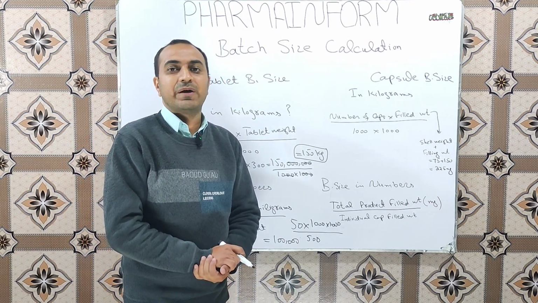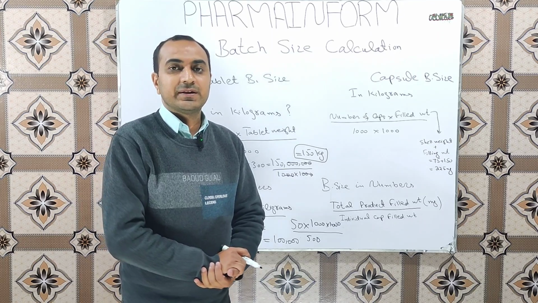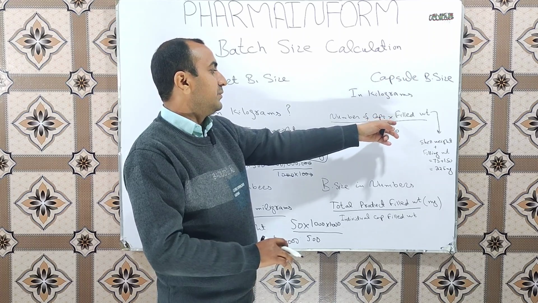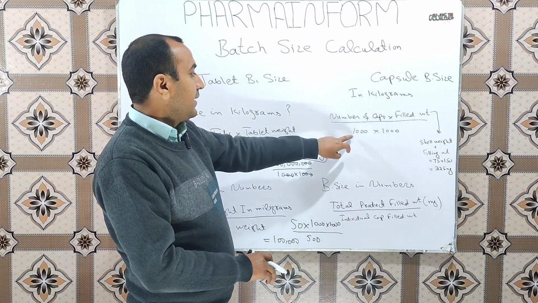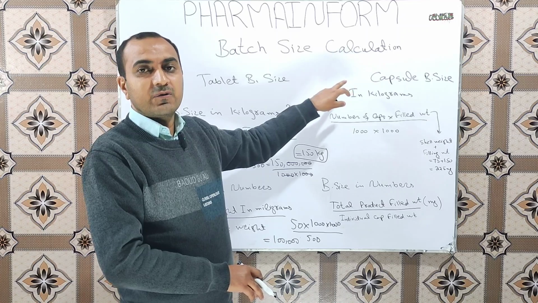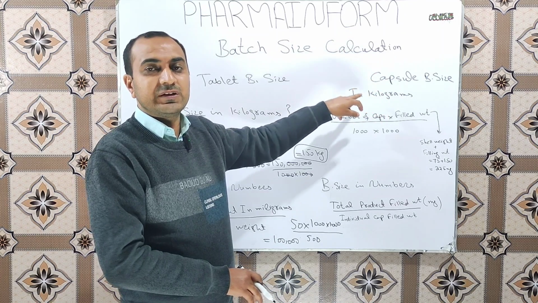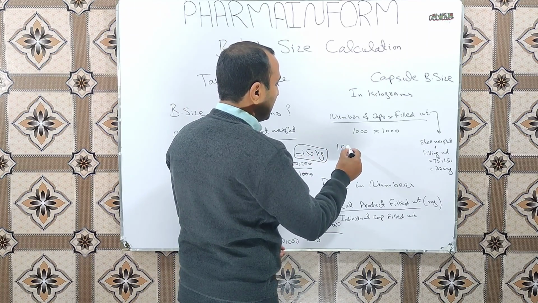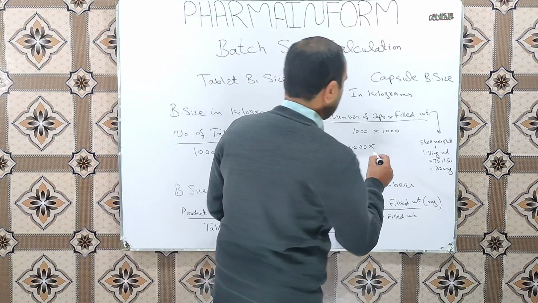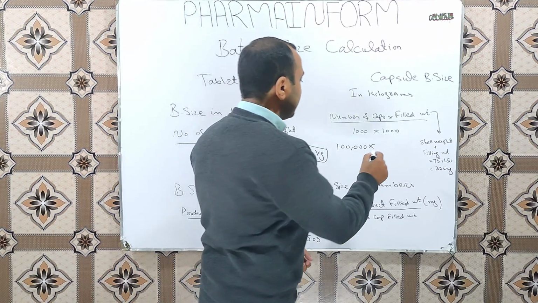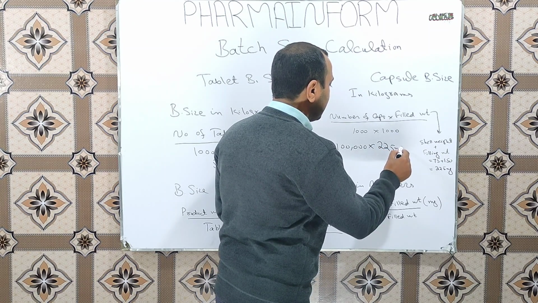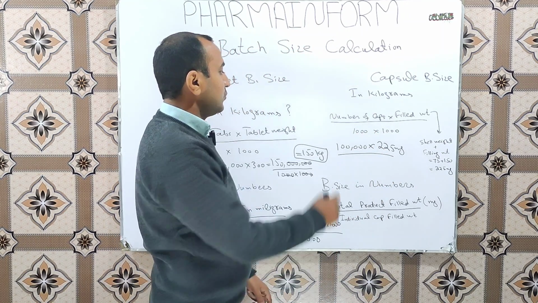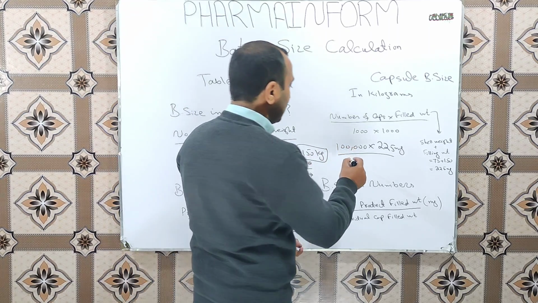Now let's calculate the batch size of capsules by a practical example. We will use the formula: number of capsules multiplied by filled weight, divided by 1000 and 1000, to calculate the batch size of capsules in kilograms. Suppose we have 1 lakh capsules and the capsule filled weight is 225 milligrams. We divide by 1000 and 1000 to convert it into kilograms.